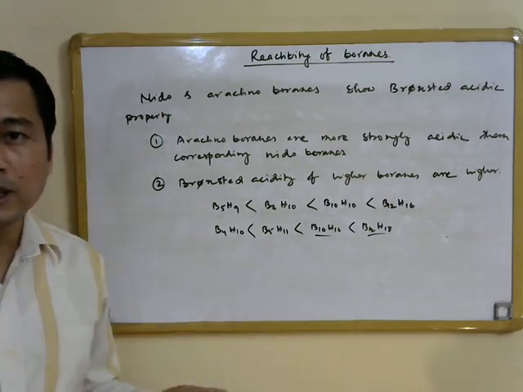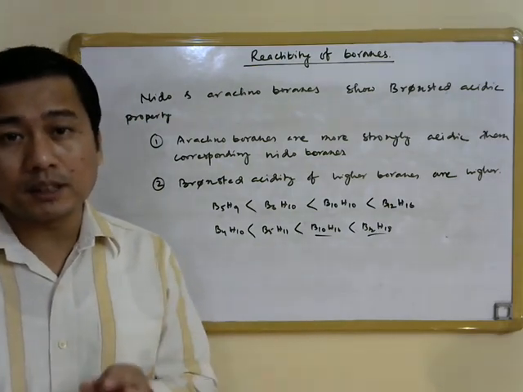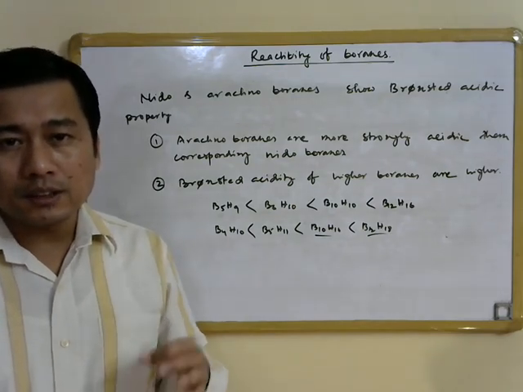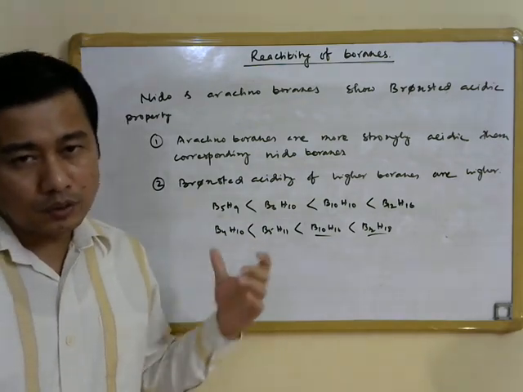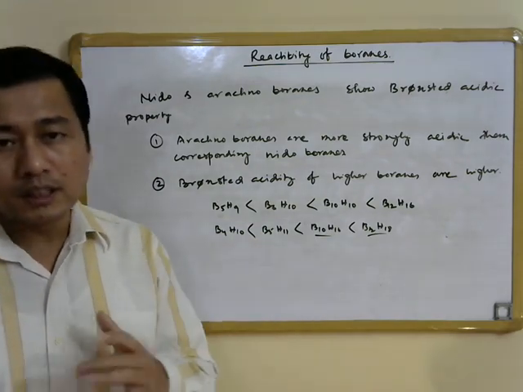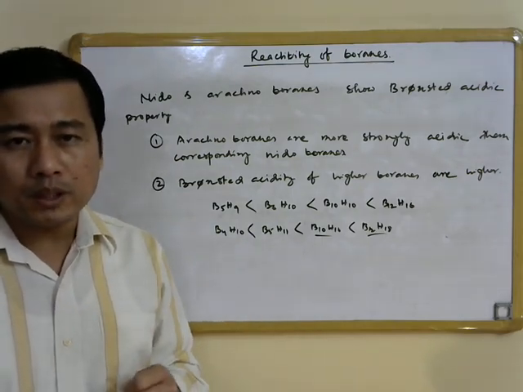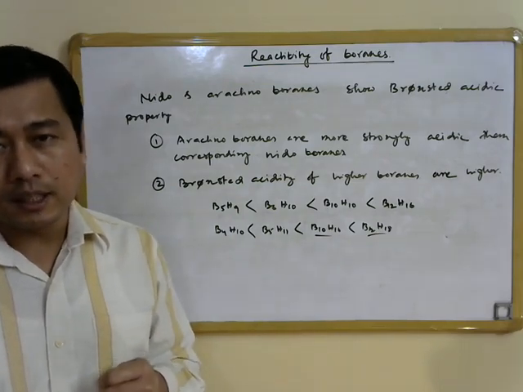Then we have also seen that for higher boranes the Bronsted acidity increases as the number of bridge hydrogen atoms increases within a given series of boranes, either in nidoboranes or in arachnoboranes. As we increase the number of boron centers, we also increase the number of bridge hydrogen atoms, and therefore the Bronsted acidity is also going to increase.